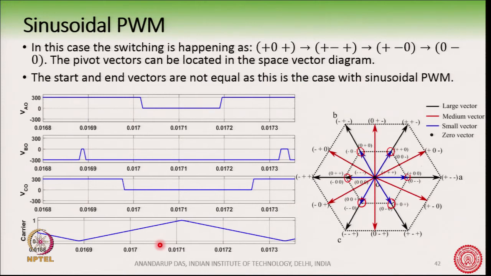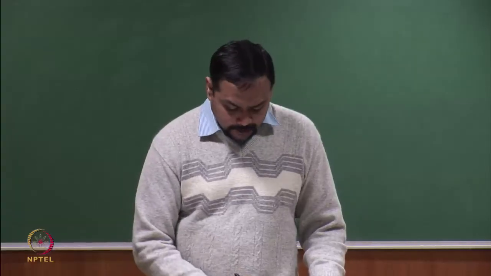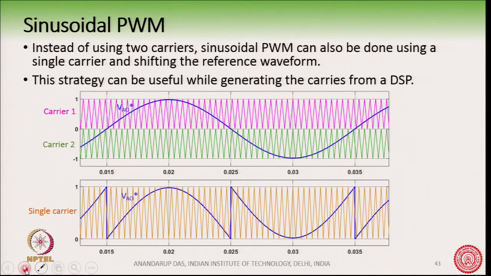So their durations are not equal, which is the drawback of sinusoidal PWM, and that is why we can think of going into space vector PWM, where we make the start and end vectors equal in time duration. So, this is the drawback of sinusoidal PWM.